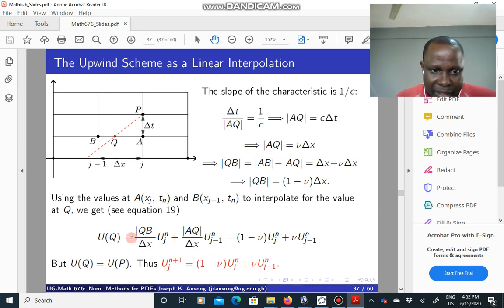So basically this is using the interpolation that we talked about earlier.